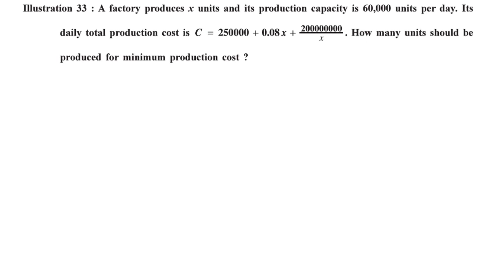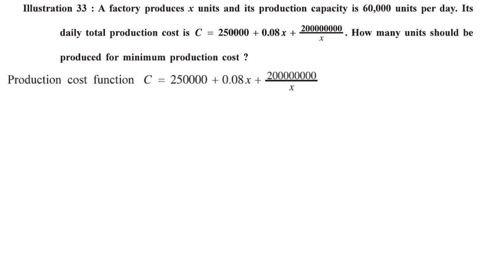Okay, now first of all we are going to write down the equation as it is. Production cost function is c is equal to 2,50,000 plus 0.08x plus 20 crores divided by x. Now what we need to do is find the dc upon dx here. 2,50,000 is just 0, 0.08x is 0.08.